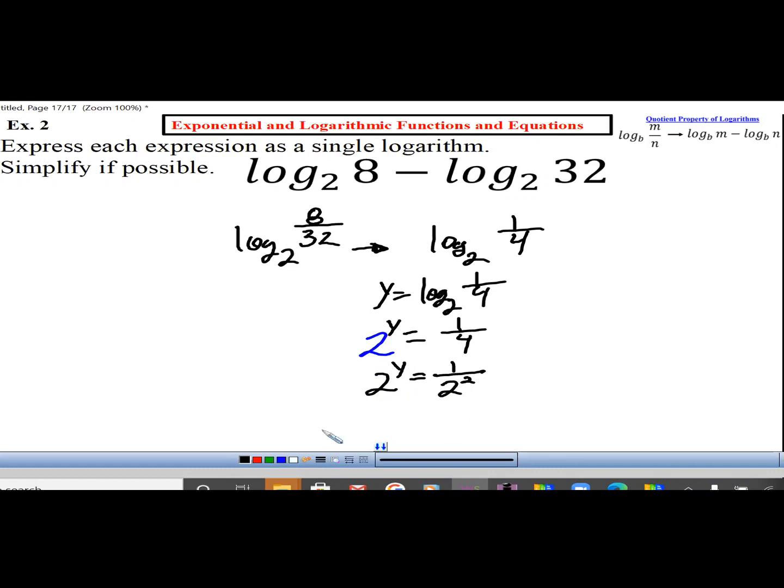They almost look the same, but now we have a fraction on this side. So how do we change it? Yeah, we send the 2 to the second to the numerator. So this becomes 2 to the -2 equals 2 to the y. And now that we have the same base, we can see that y equals -2.